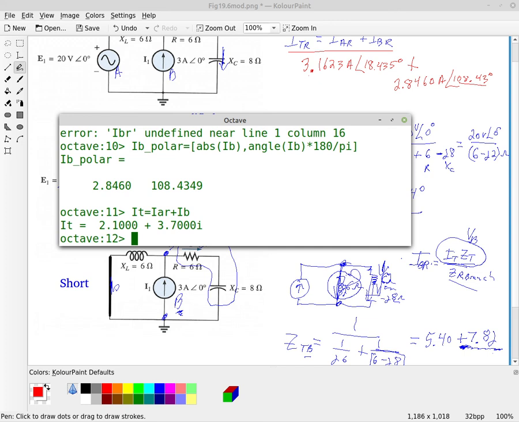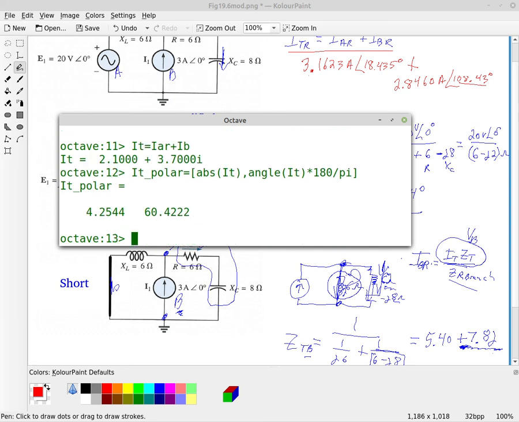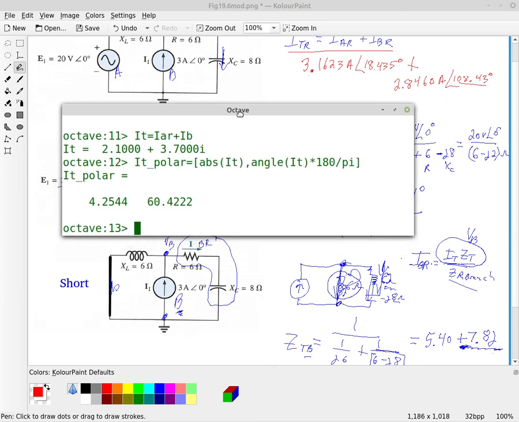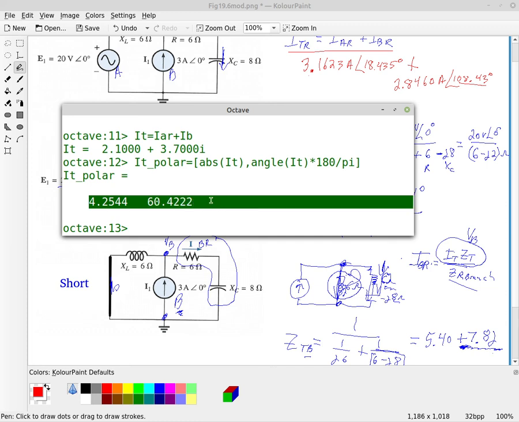Then if I want the polar version of that, I just need to change the B's to T's and get the polar version. And so this is my total, which is 4.25 at an angle of 60.4 degrees.